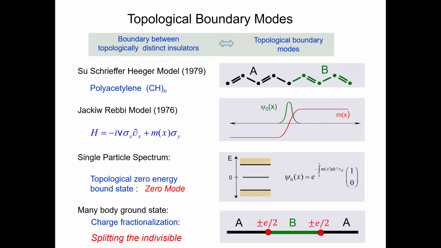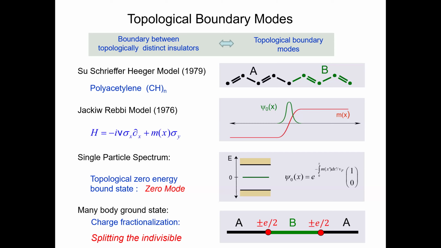Then we just have a bunch of completely decoupled dimers, pairs of atoms strongly bonded to each other. They have bonding and anti-bonding orbitals separated by a huge energy, and that's the entire story.